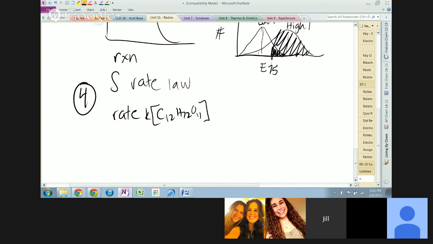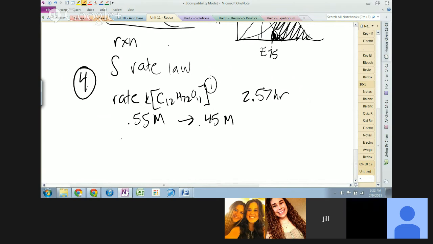After 2.57 hours, the concentration drops from 0.55 molar to 0.45 molar. So you want to notice that it's first order, and then use the equation from your sheet: natural log of A equals negative kt plus natural log of A initial.